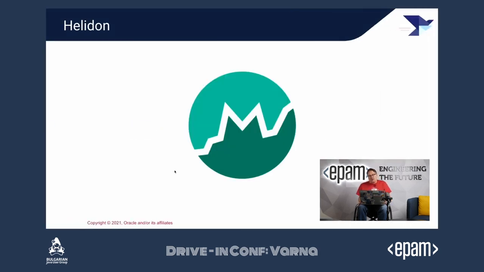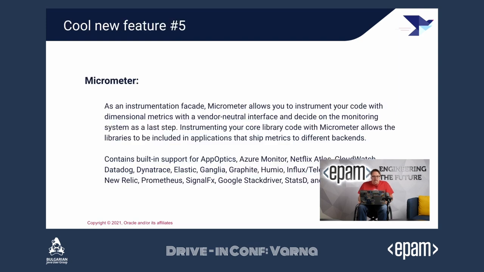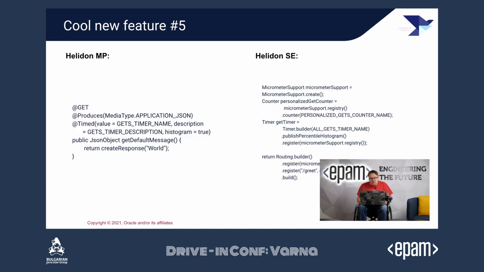Cool feature number 5 is going to be without a demo, but it's a really short and small one. And it's Micrometer support. You know, Micrometer as a framework is an instrumentation facade to get your metrics information, and it's widely supported by many companies, so you could gather it in Microsoft Azure, Netflix uses it a lot, Datadog, Elastic, Google, they use this framework, and adding support was essential to us.